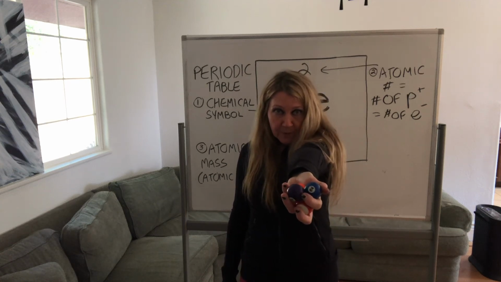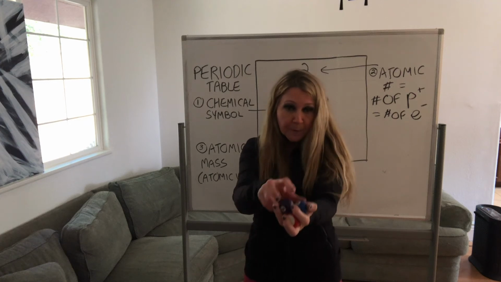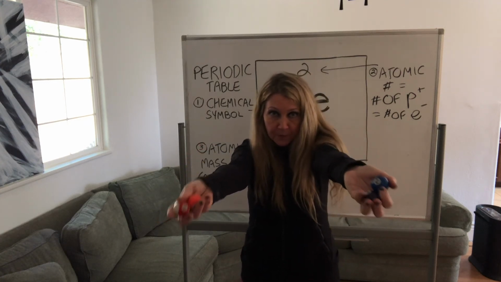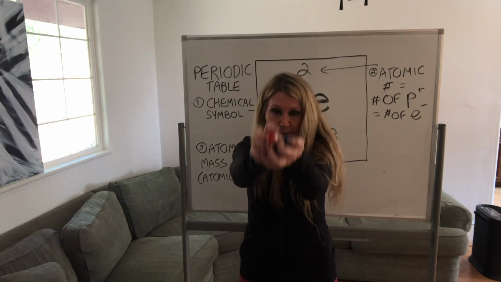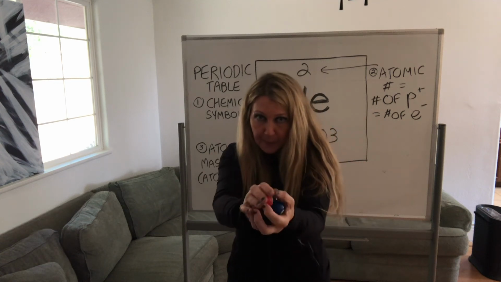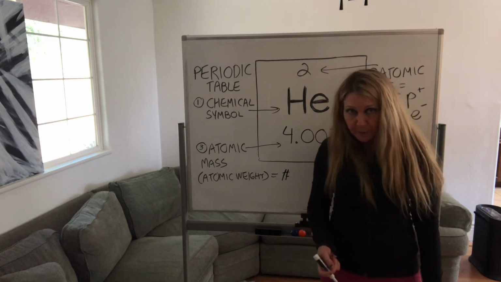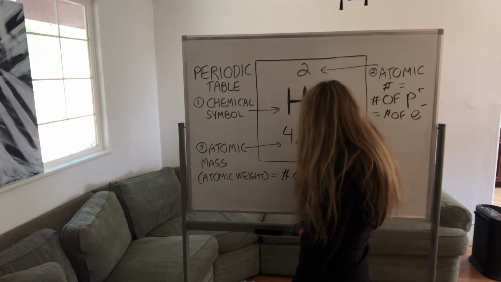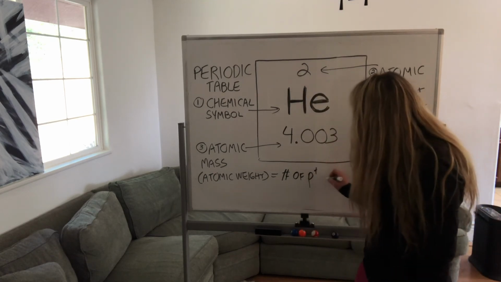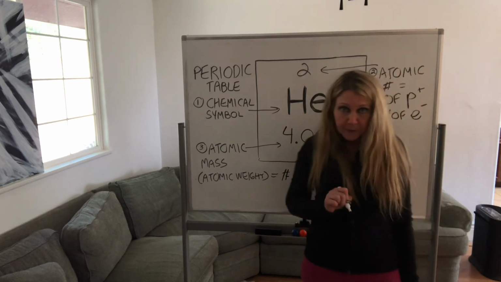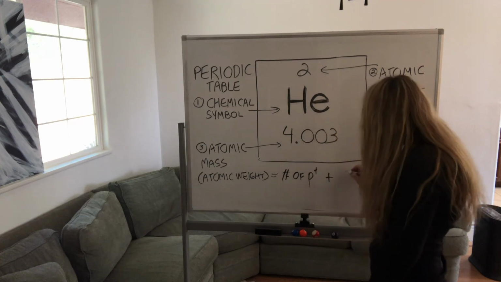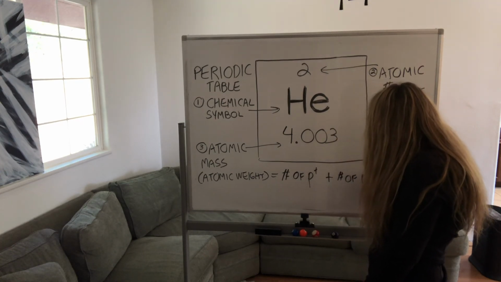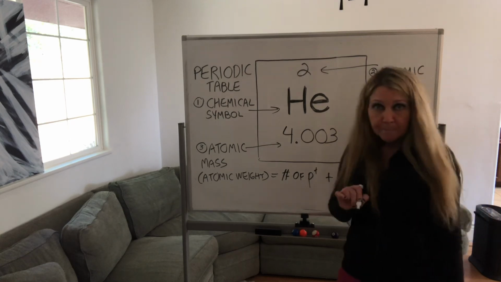So what do we have here? We have protons, and we have neutrons. That's in the nucleus. That is the atomic mass number. It's equal to the number of protons, P plus, plus the number of neutrons, N 0, so no charge.